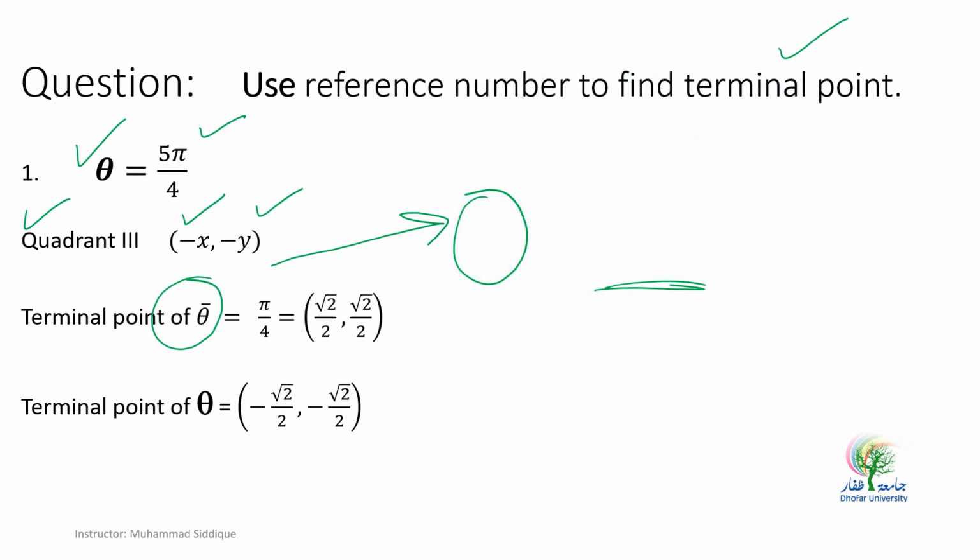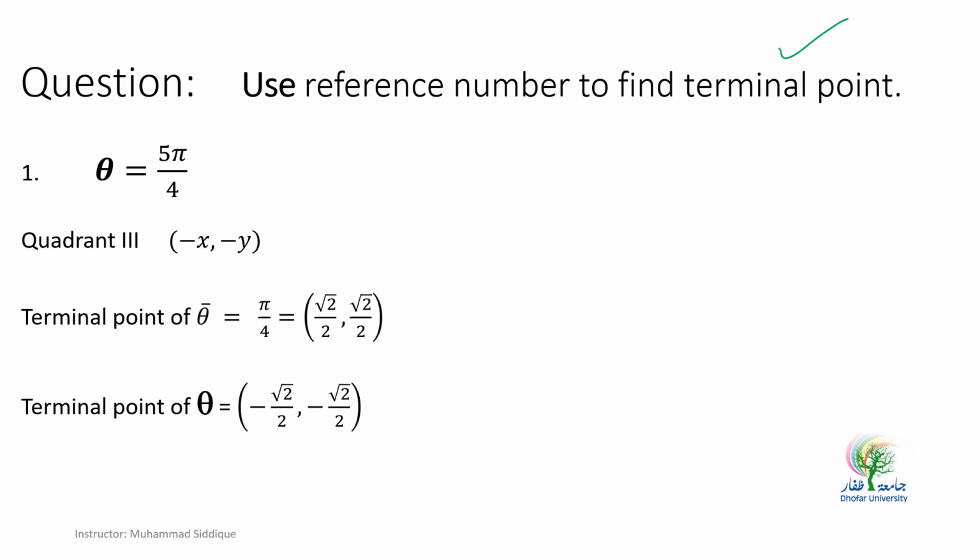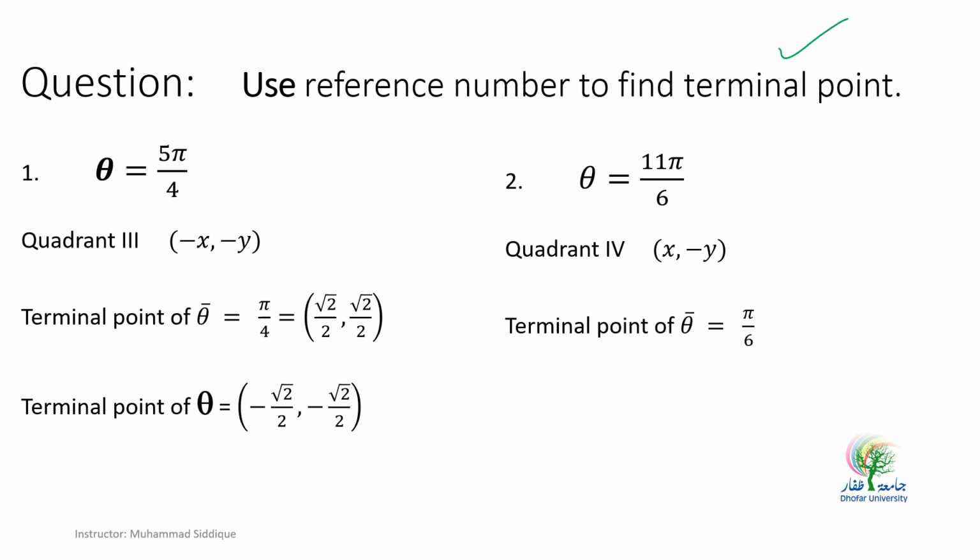Okay. We have one more question. 11 pi by 6. Find the quadrant. Quadrant 4. So in quadrant 4, x is plus, y is minus. Terminal point of reference number: the reference number is pi by 6.